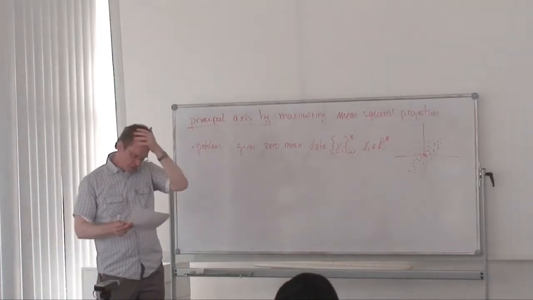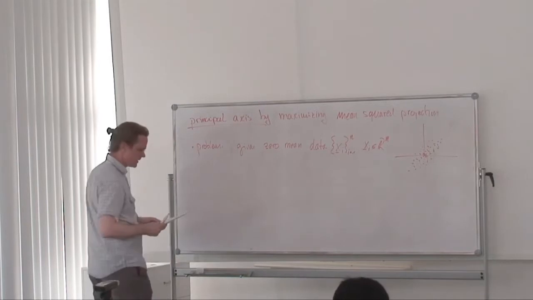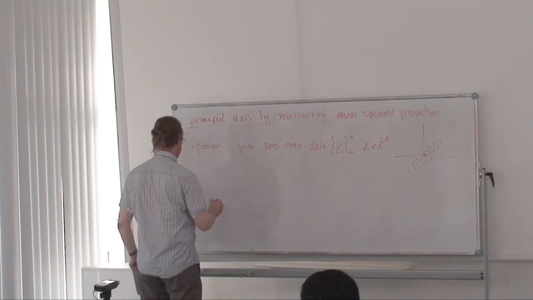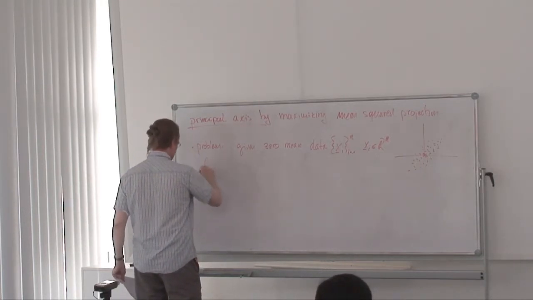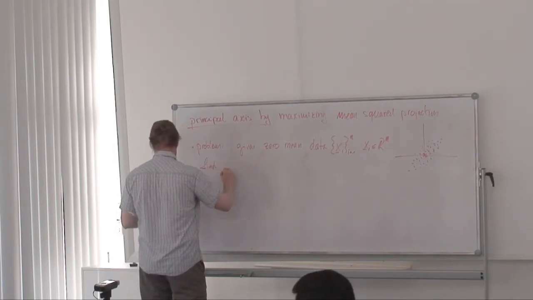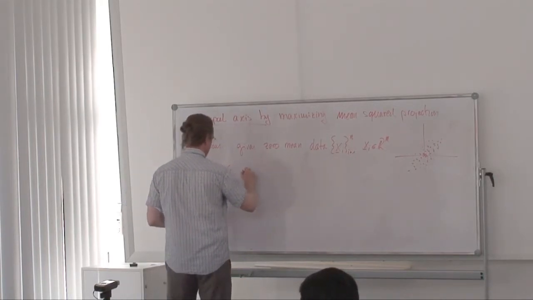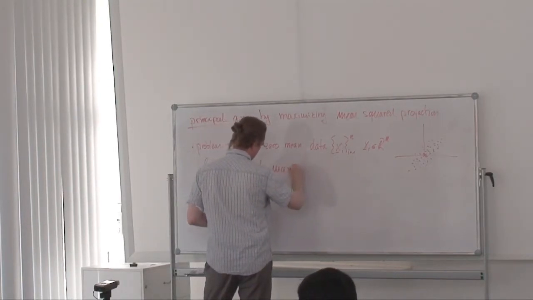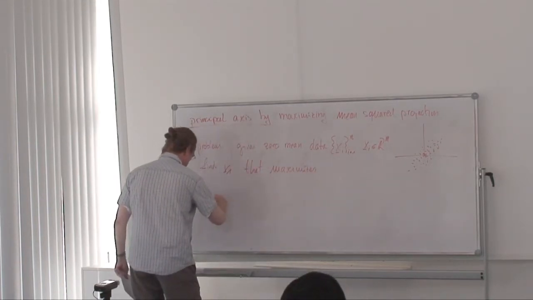And we do now want to maximize a certain expression. So if we're given zero mean data, we want to find a vector v1 that maximizes this problem here.